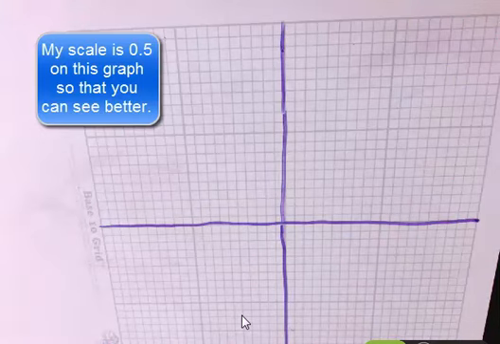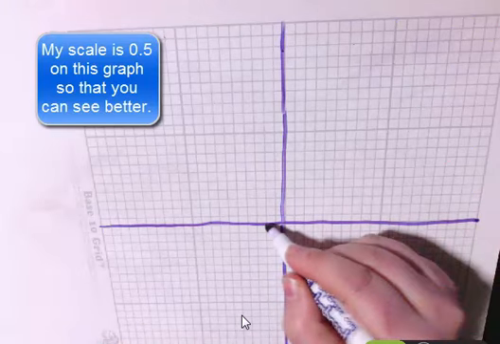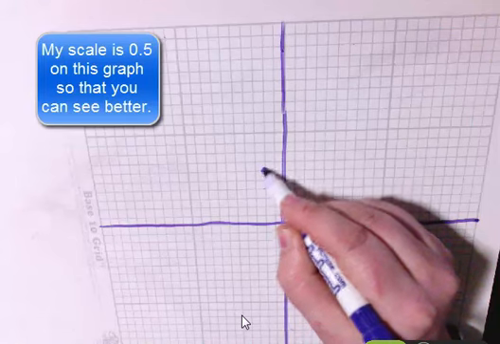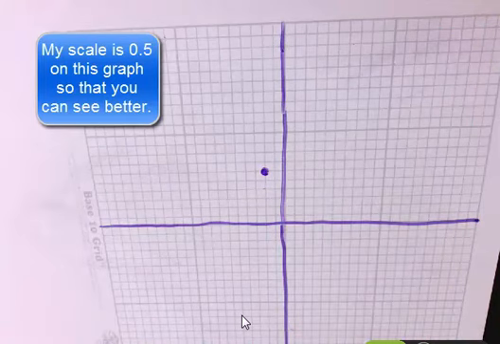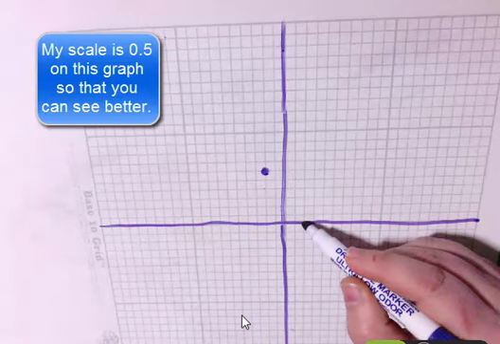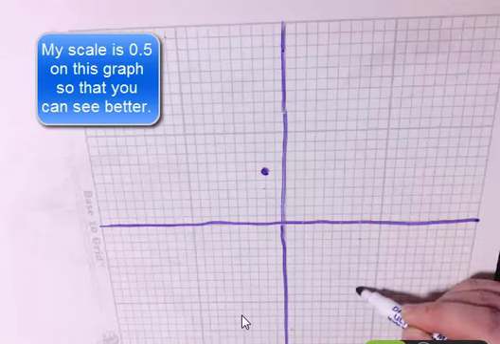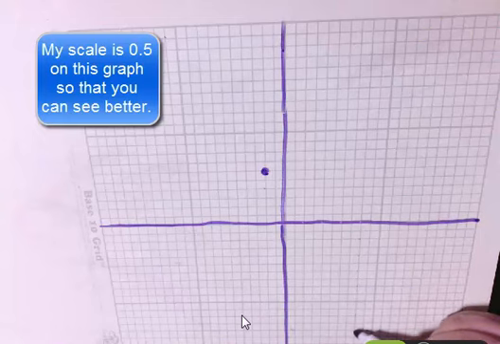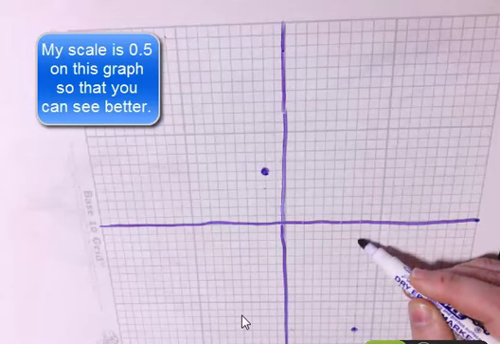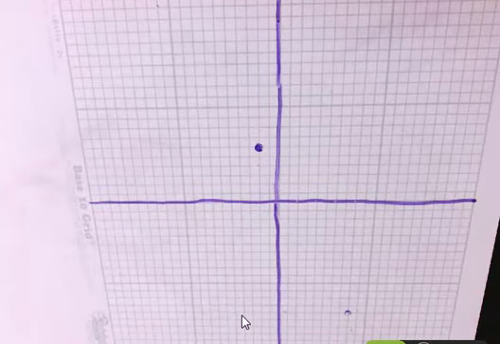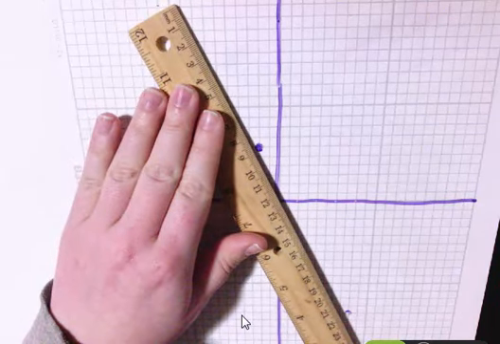Another way we can do that is to graph the points. So -1, 3. And 4, -7. Connect those points.